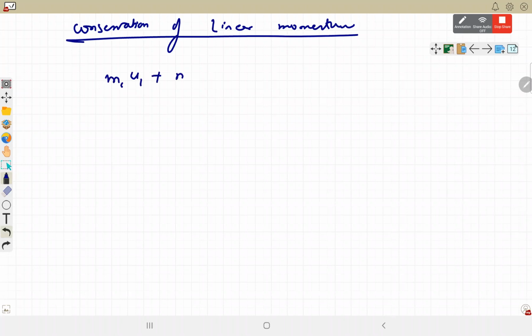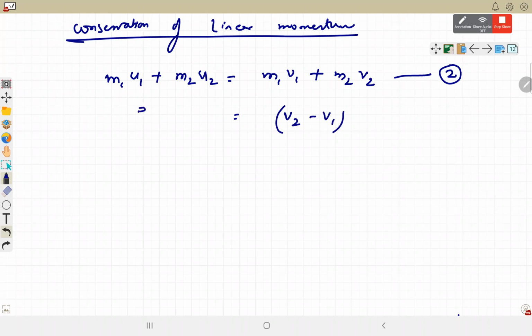M1 U1 plus M2 U2 is equal to M1 V1 plus M2 V2. The second equation is the velocity of separation: V2 minus V1 is equal to E times velocity of approach. These two equations we will be solving to find final velocity during any collision.